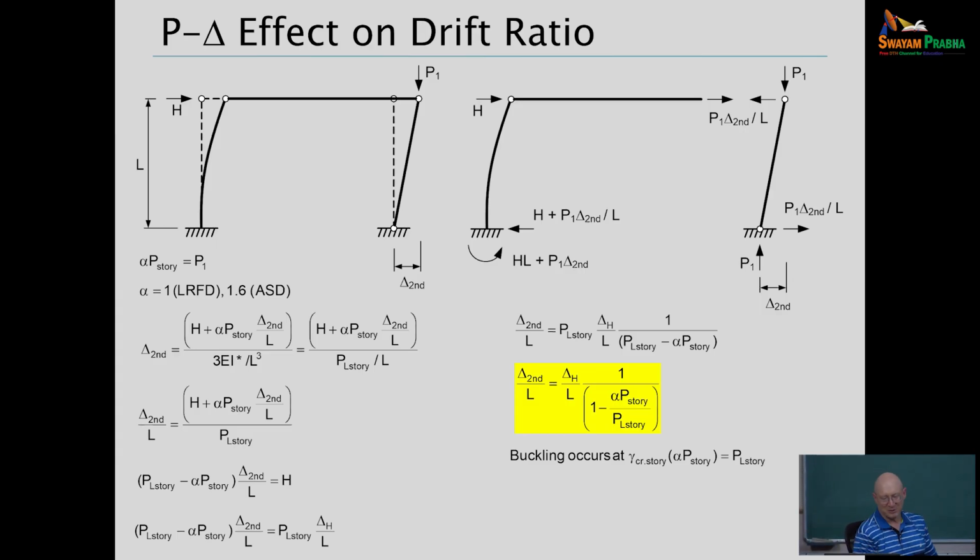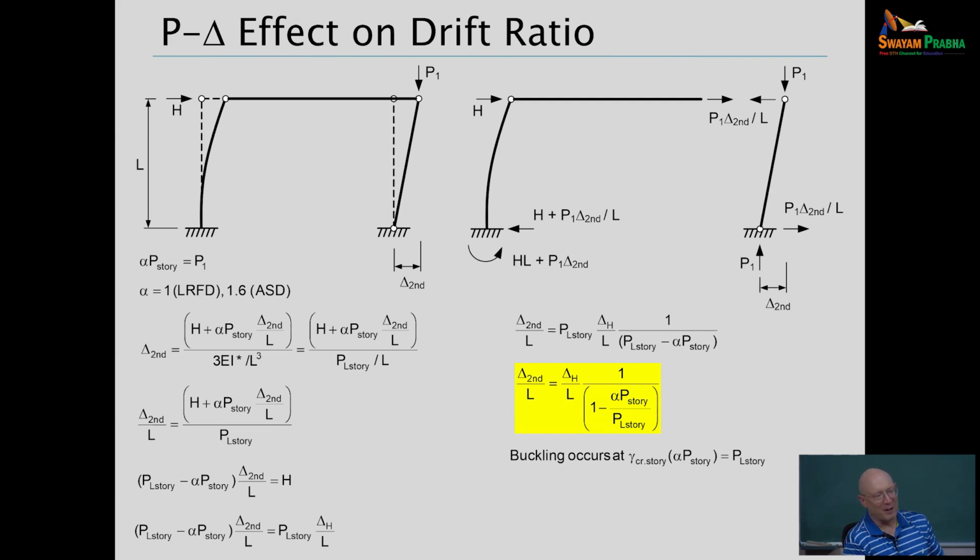So our side sway amplifier here, when will that essentially blow up on us? Well, if alpha P story, we assume hopefully we're designing something where alpha P story is not equal to PL story, otherwise it blows up.